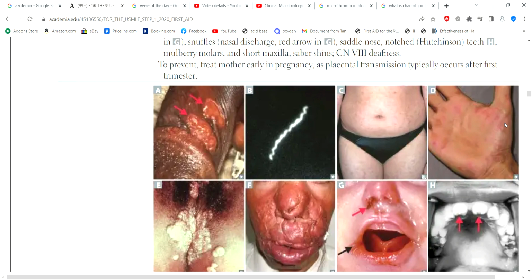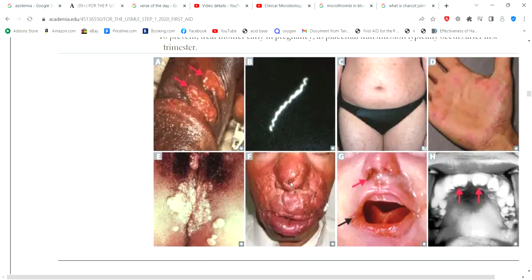Saddle nose, notched teeth, which is seen in H, right down here. So you also see this in congenital syphilis.